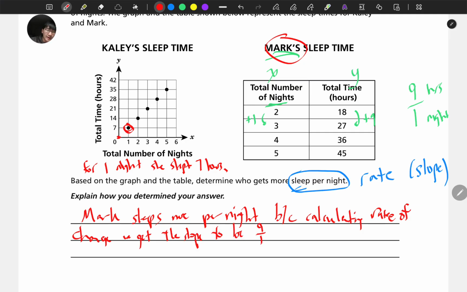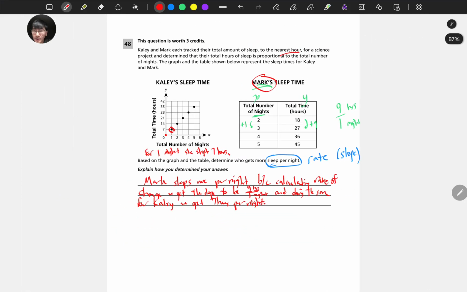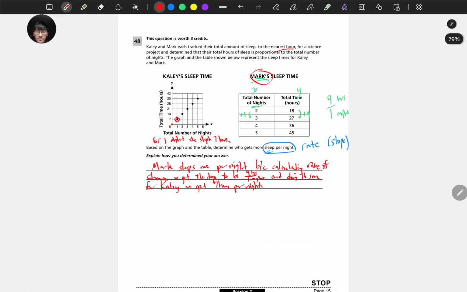Okay, so 9 hours per night. You could write this out as words too. And doing the same for Kaylee, we get 7 hours per night. Okay, same thing as one night. Okay, great. That's it.